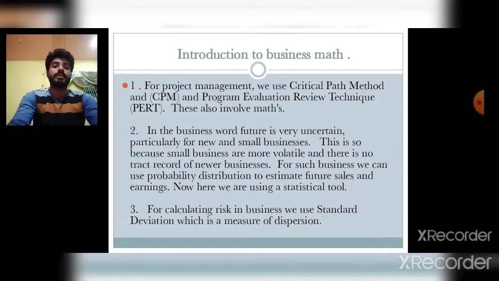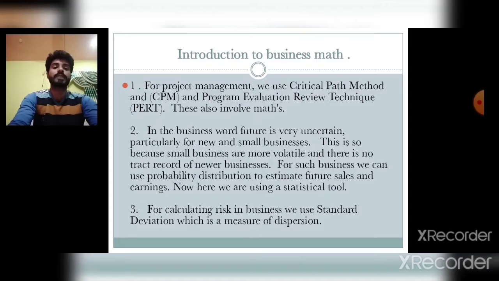Number one, for project management, we use the critical path method, CPM, and the program evaluation review technique, PERT. These also involve maths. Number two, in the business world, the future is very uncertain, particularly for new and small businesses.